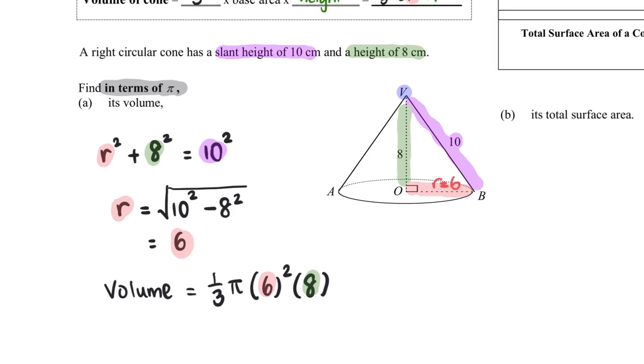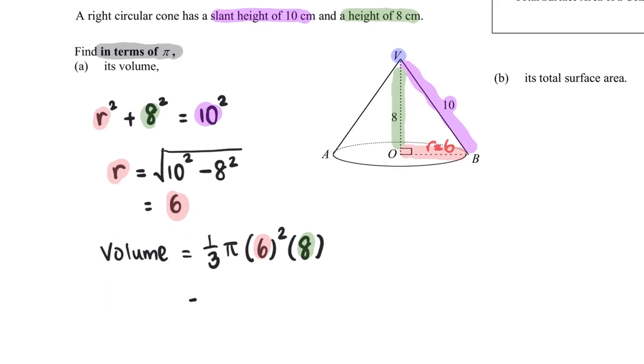So all I have to do, I just need to find out how many pi are there by pressing into the calculator 1/3 times 6 square times 8. This will give me a value of 96 pi cm cubed.